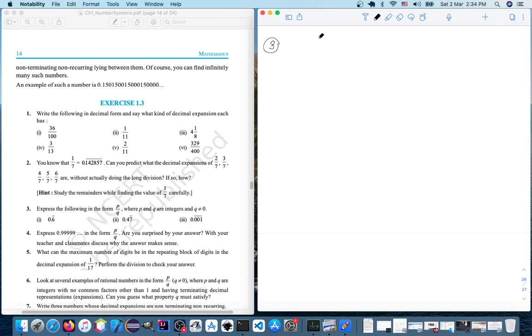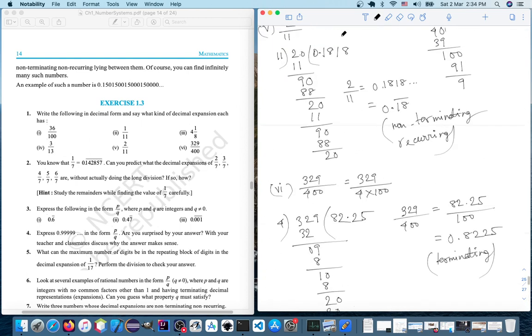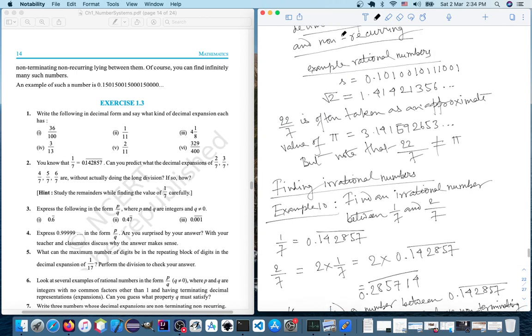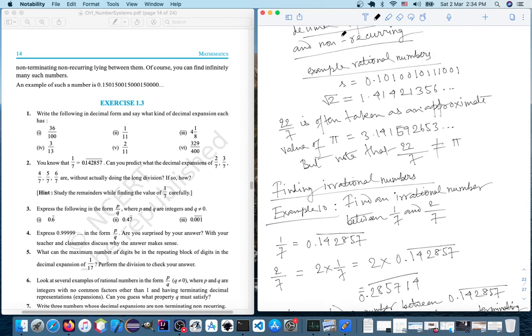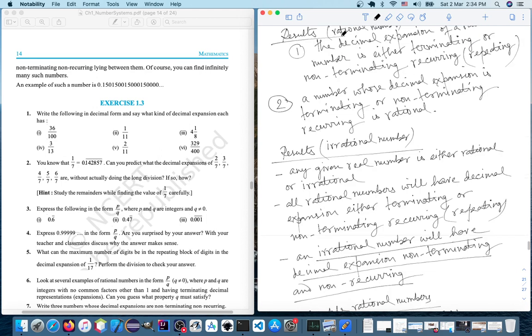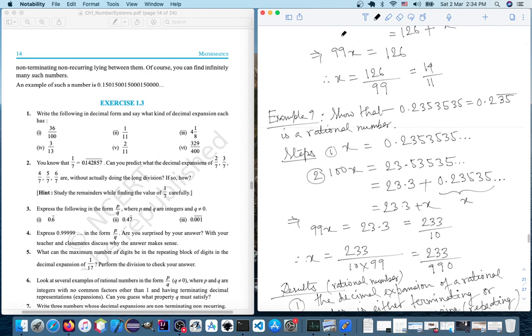So as you might remember, these were the steps we took while converting a decimal number having a non-terminating recurring decimal expansion to the form p by q.